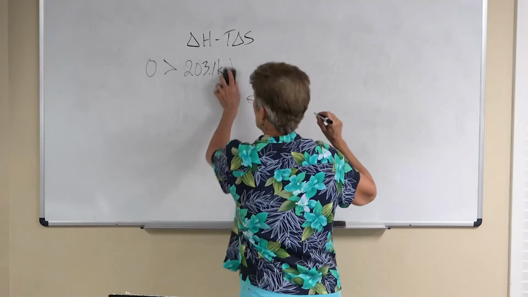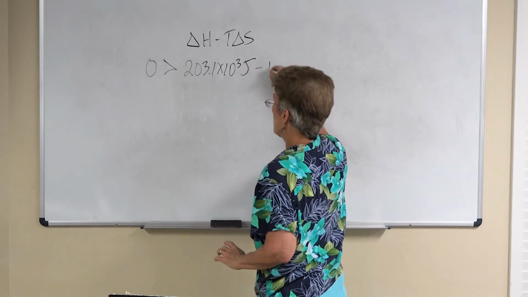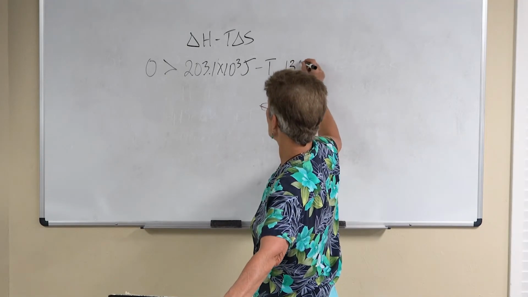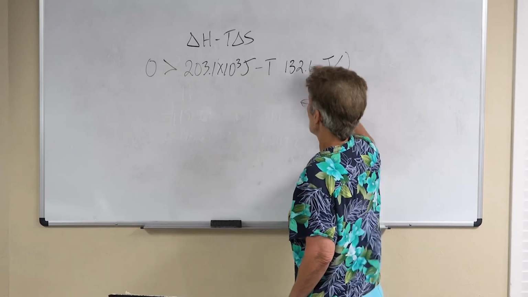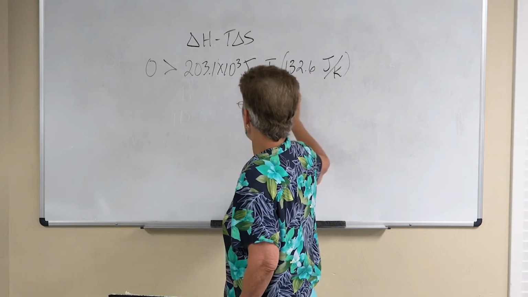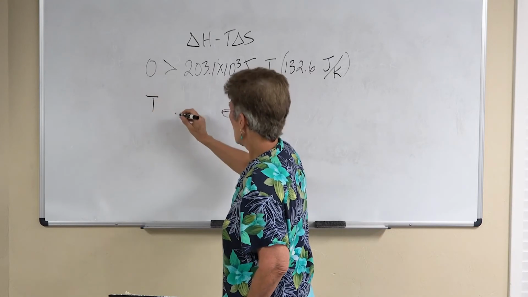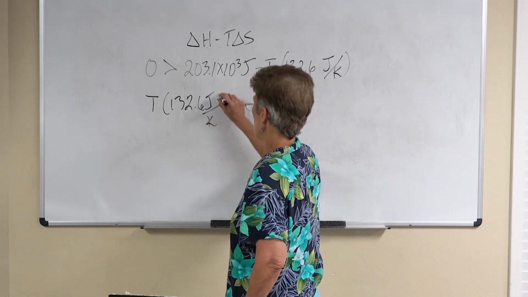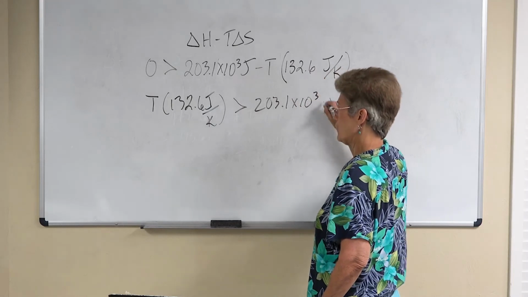So once again, we have to make that joules, so we take that whole thing times 10 to the third joules minus the temperature times the entropy, which is 132.6 joules per Kelvin. So once again, you're just going to solve for this. If we add this to both sides this time, we get the temperature times 132.6 joules per Kelvin is less than 203.1 times 10 to the third joules.